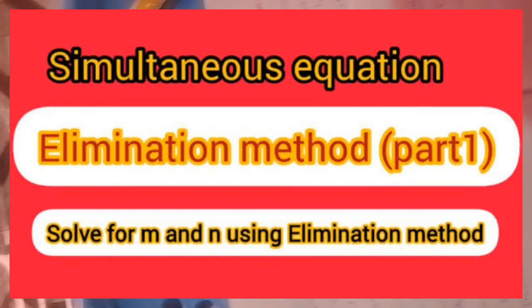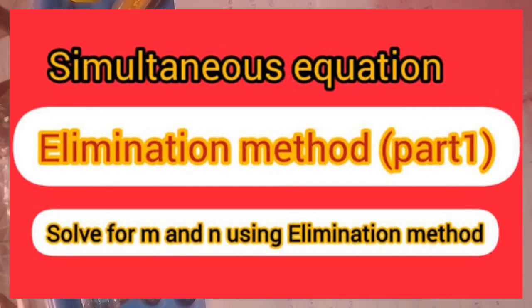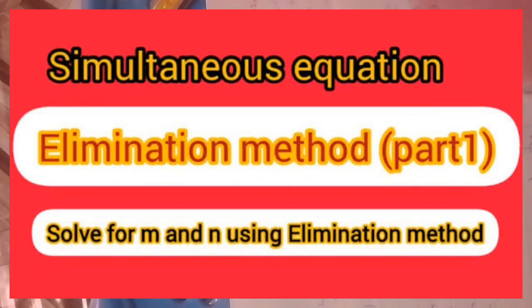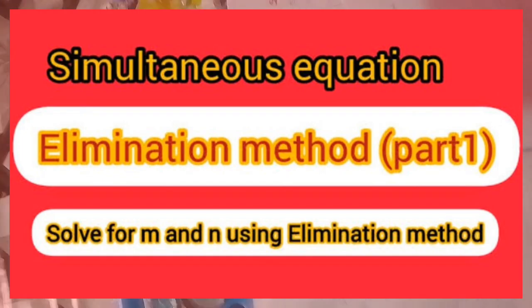We are going to start with an example, specifically the elimination method, so that afterwards we deal with the substitution method. So let's look at an example of the elimination method.